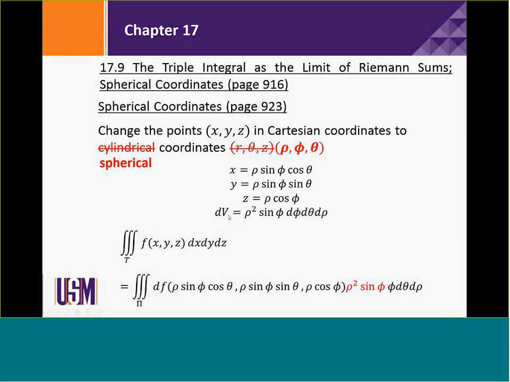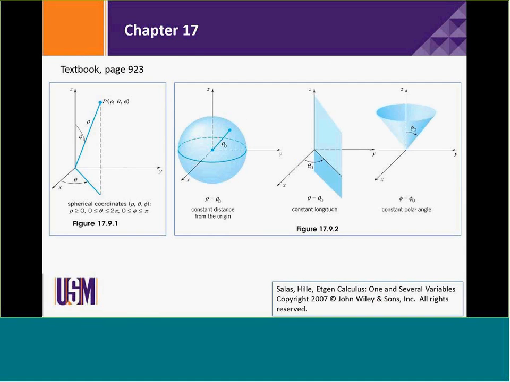But look at dx dy dz now, it is replaced with rho squared sin phi d phi d theta d rho. There is a sin phi here. Or you can put d rho d phi d theta, it also can. It depends on the limits of the integration. The last one, the outer limit, must be constant in order to get the answer. So this is the way that we represent it.